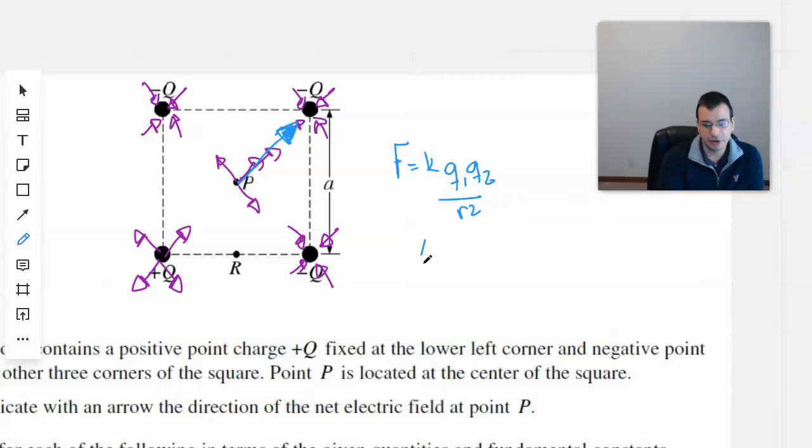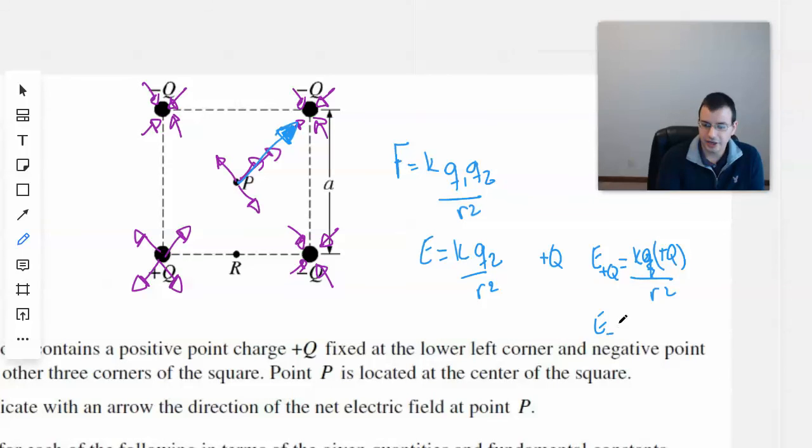So for positive Q, we'll have E equals K Q over R squared. And for the negative Q, we'll have K negative Q over R squared.